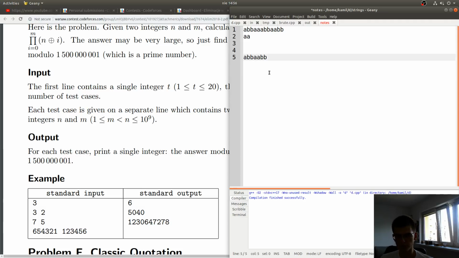If this glued string contained 3 A's, the number of occurrences of small string would be 2, because this is one occurrence and this is a next occurrence.